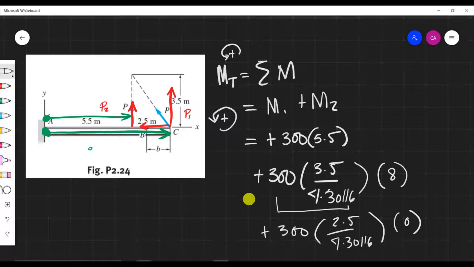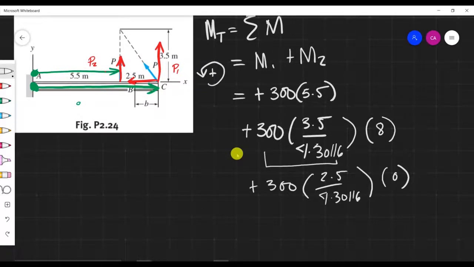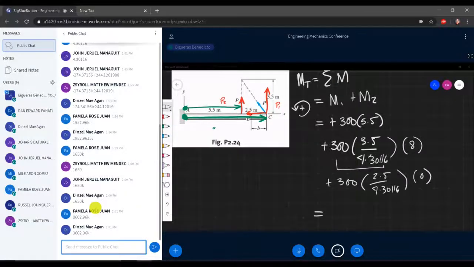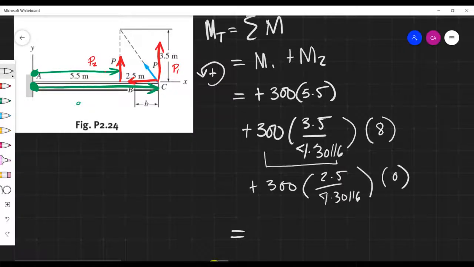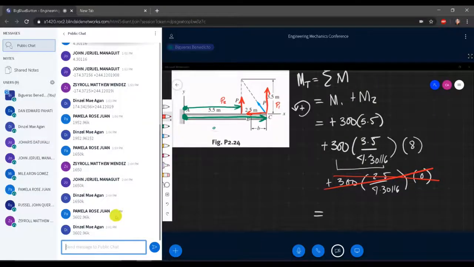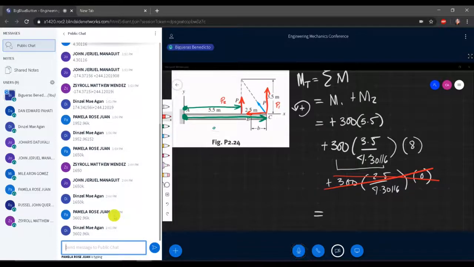So, kapag pinag-plus-plus natin lahat yan, ano ang sagot? Itong nasa baba, 0 na yan. Cancel out na yan. 0 na.